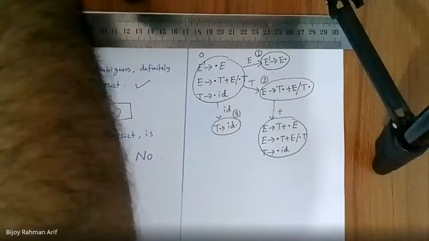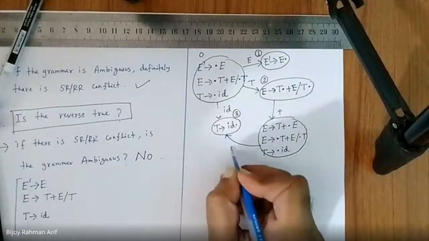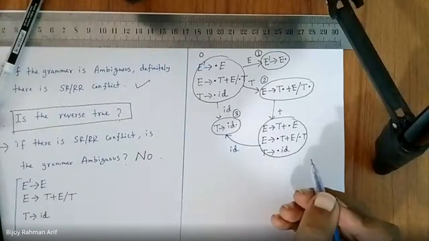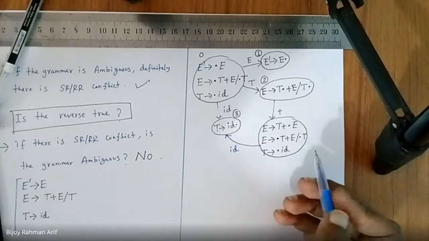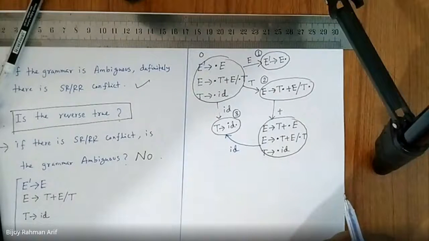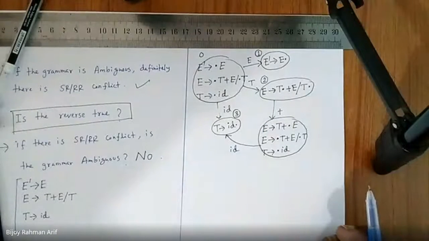Now what happened? Moving on ID, I'm going to here. Moving on T, where should I go? I'm going back to here. Am I right? Yes, sir.